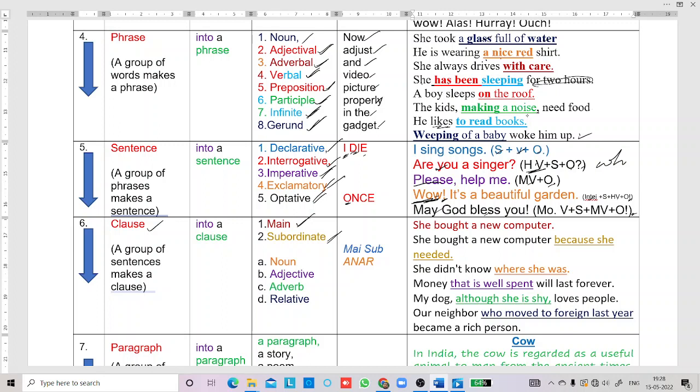Now again, based on main and subordinate, there are different subordinate clauses: noun clause, adjective clause, adverb clause, relative clause. The difference between main clause and subordinate clause I'll explain here. Please look here. Main clause example sentence: she bought a new computer.